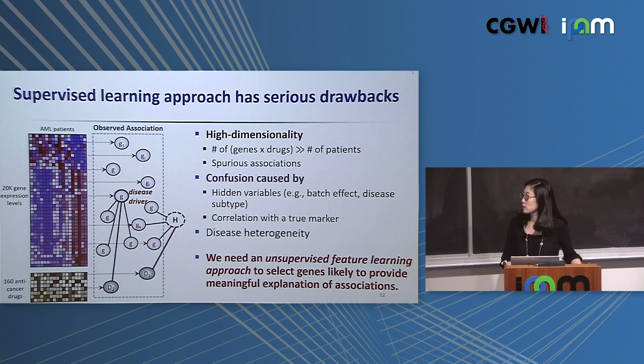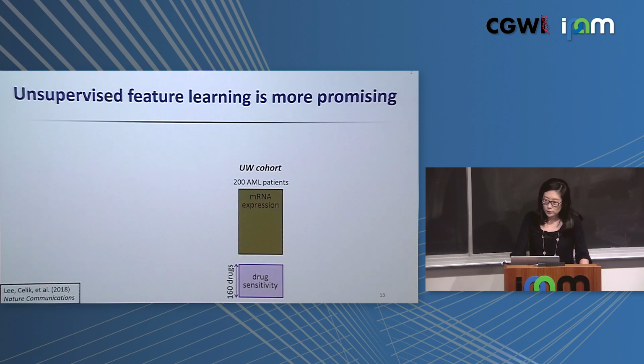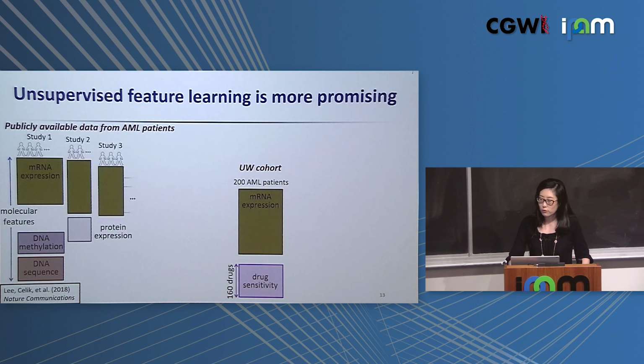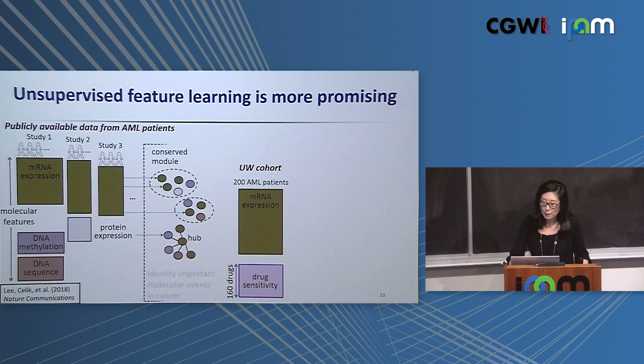Yeah, good point. Okay, so an alternative solution then is not a pure supervised approach. Instead, we want to do some kind of unsupervised learning. In particular, we want to do unsupervised feature learning. So how it works is that we first integrated a publicly available high-throughput data set from many AML patients.